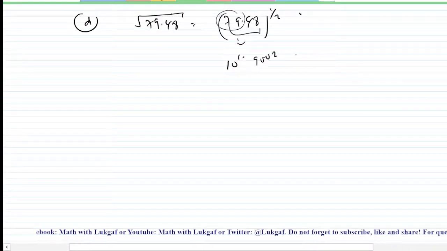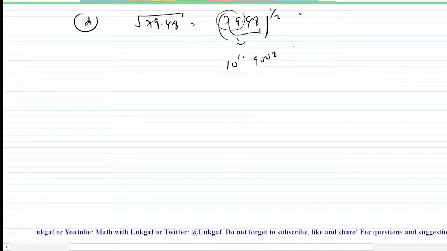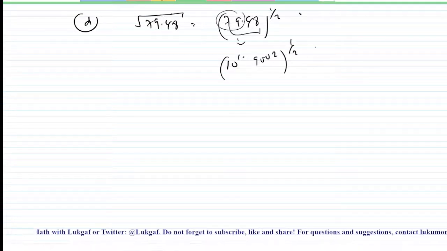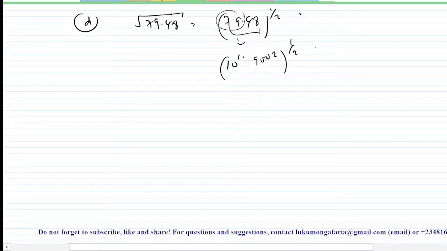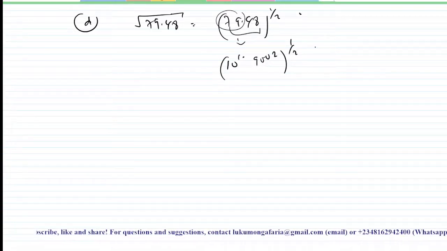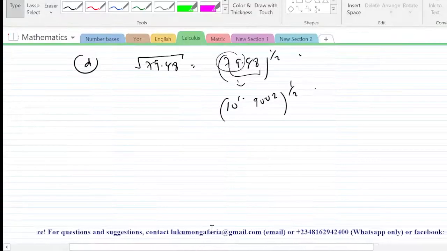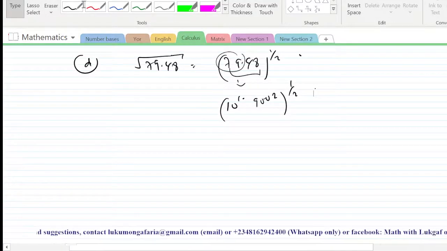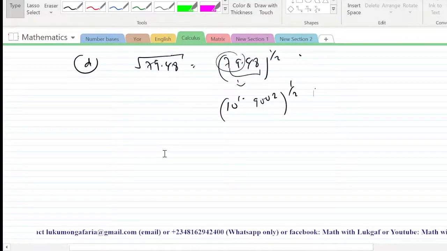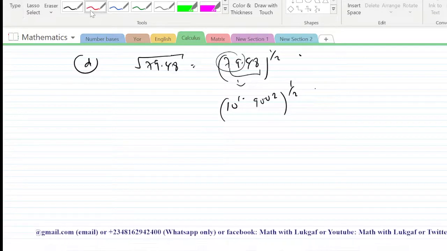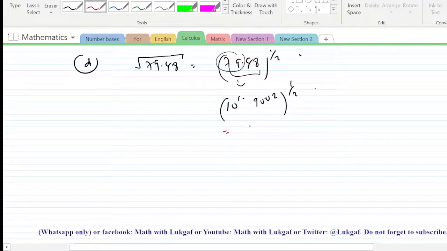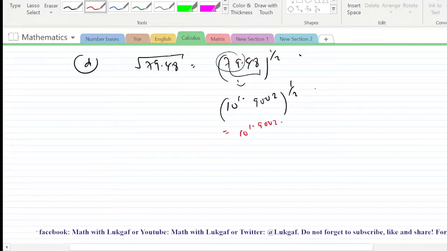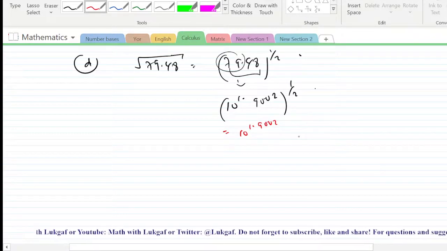9002. Then everything is raised by half. If you use your laws of indices, it means this is the same thing as multiplying 1.9002 by half.